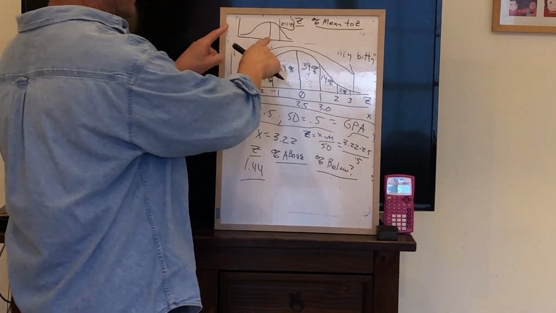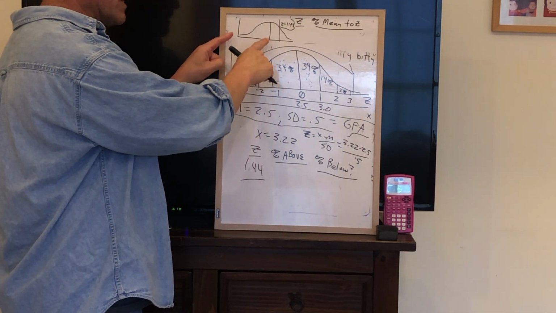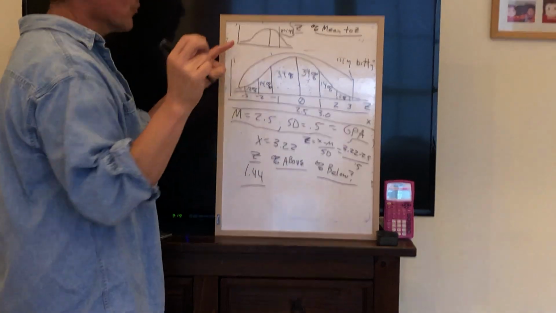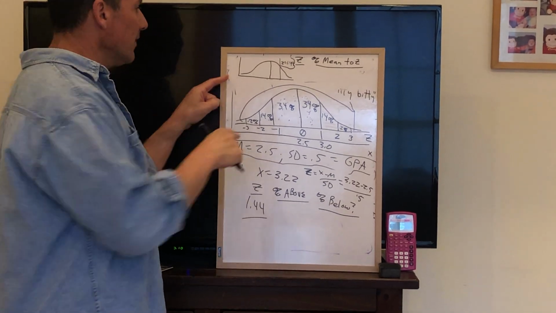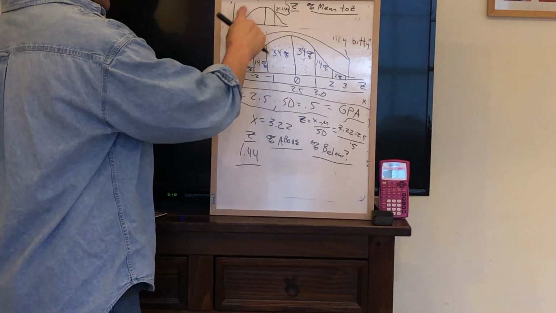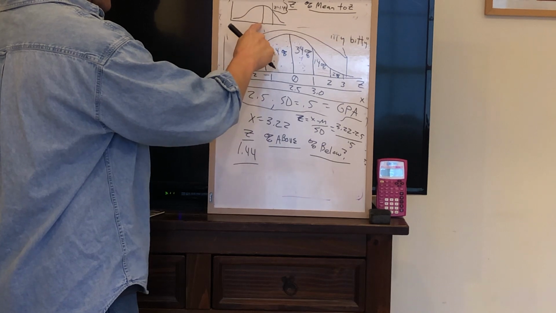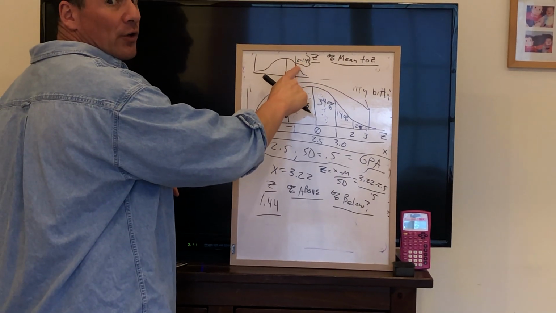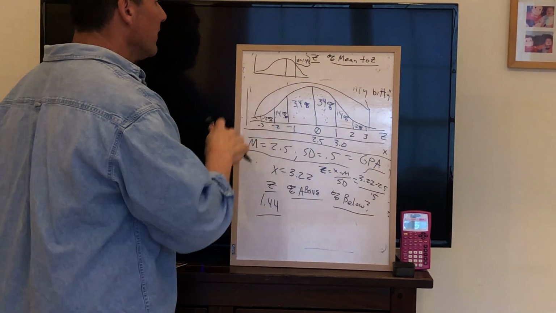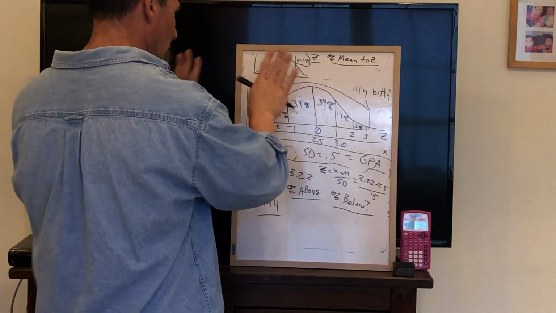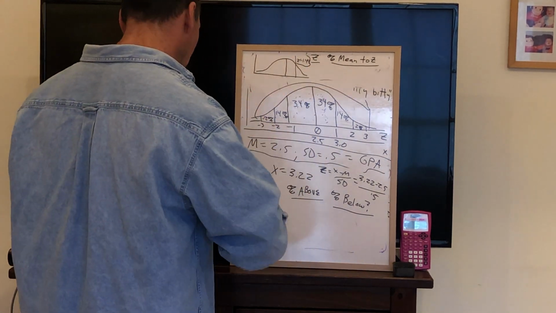So here is a brand new special normal distribution I'm creating just for this problem. It has the mean demarcated and the z-score of interest demarcated, and I'm going to hold on to that, and then I'm going to go to the table.